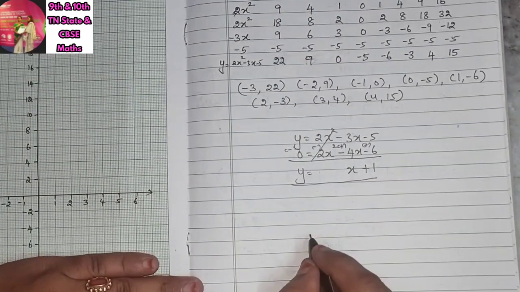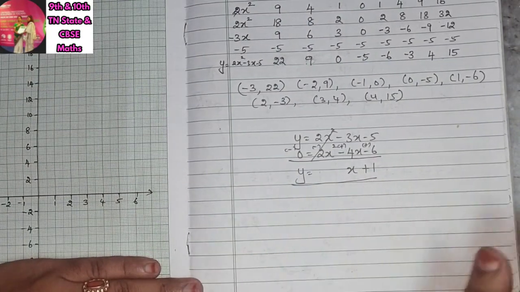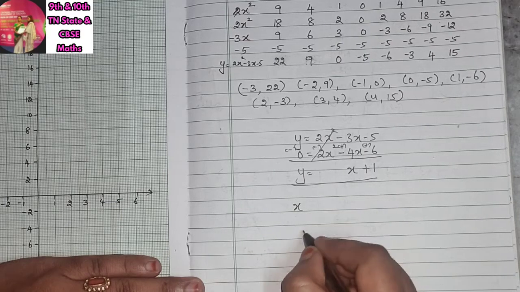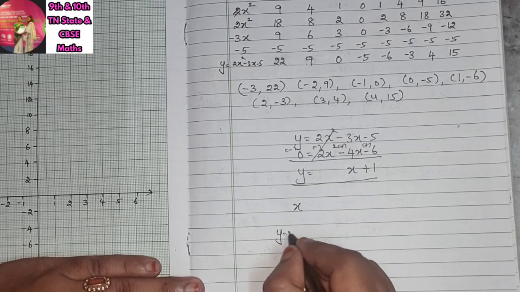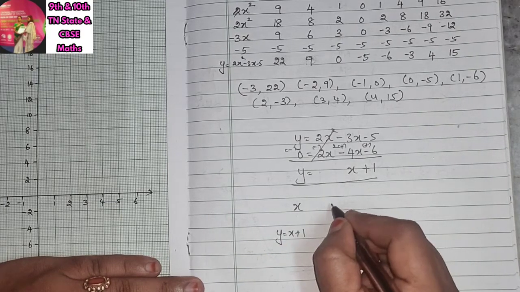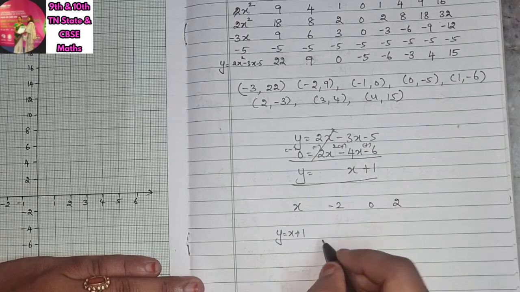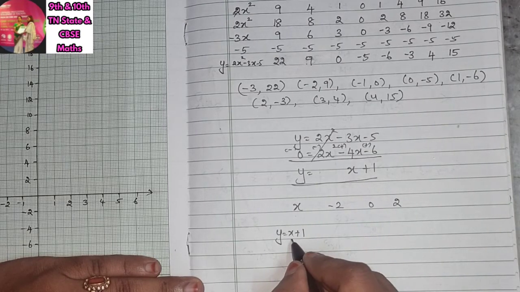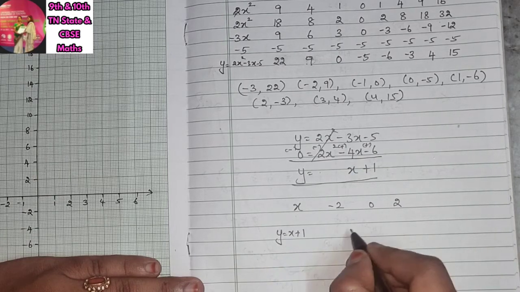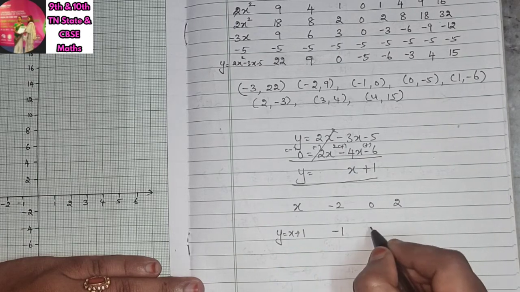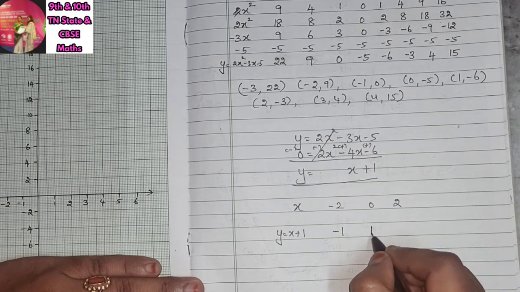So the points to get a straight line here: we'll take x values and get y = x + 1. So x values, we'll take as -2, 0 and 2. The y value for this will be -2 plus 1 is -1. Then 0 plus 1 is 1.